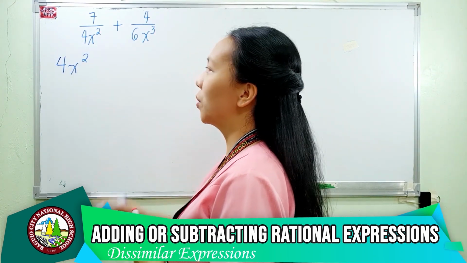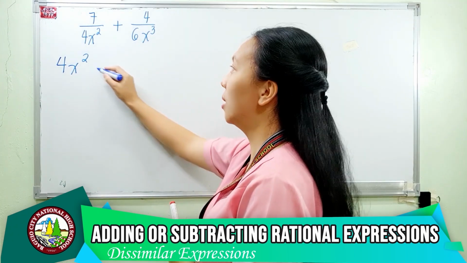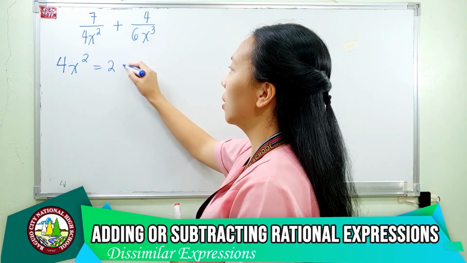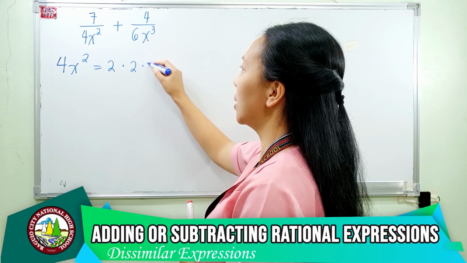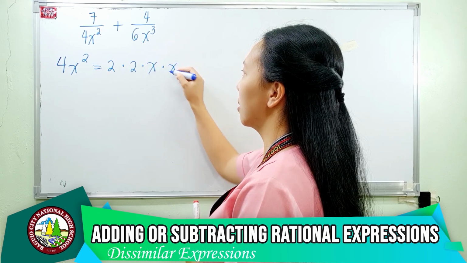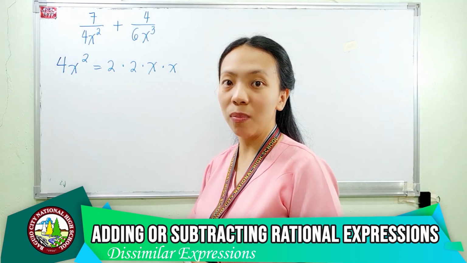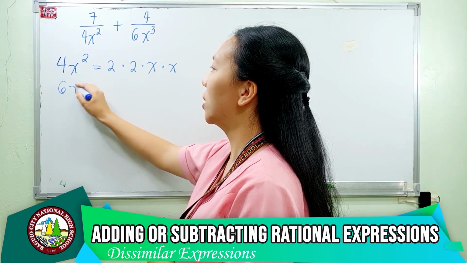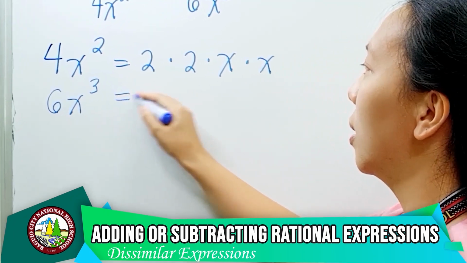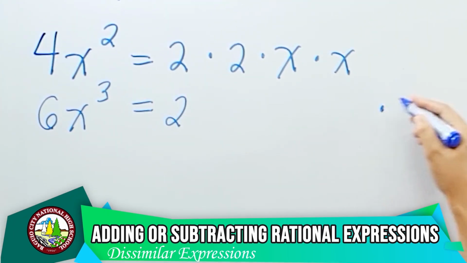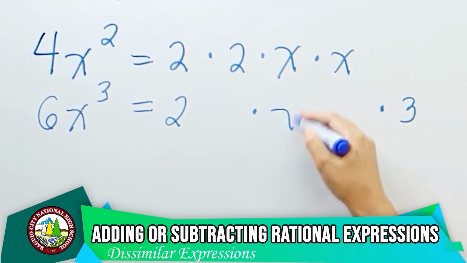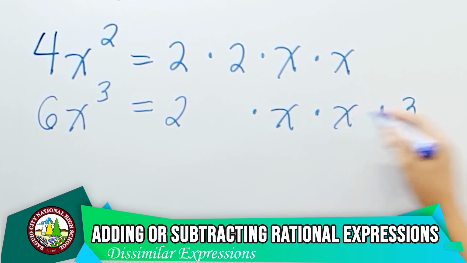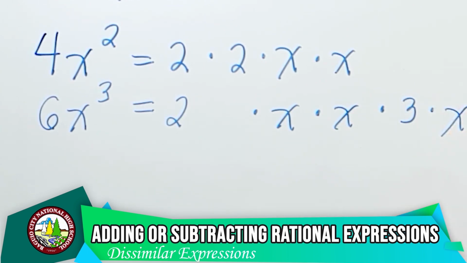The prime factorization of 4x squared is 2 times 2 times x times x. And also do the same in the second denominator. The prime factorization for 6x cubed is 2 times 3 times x times x times x.